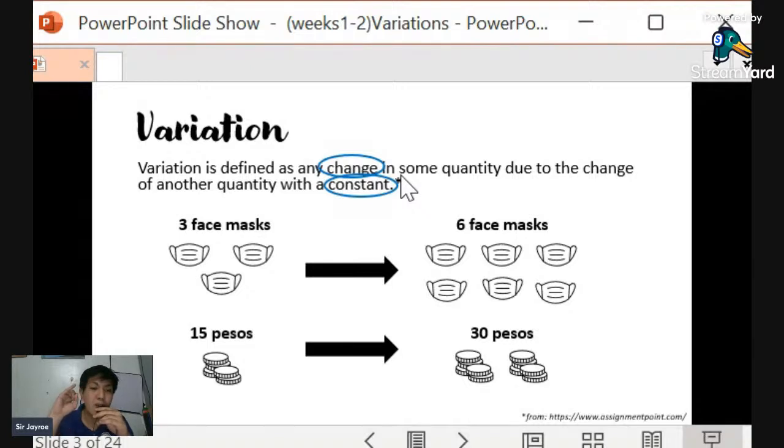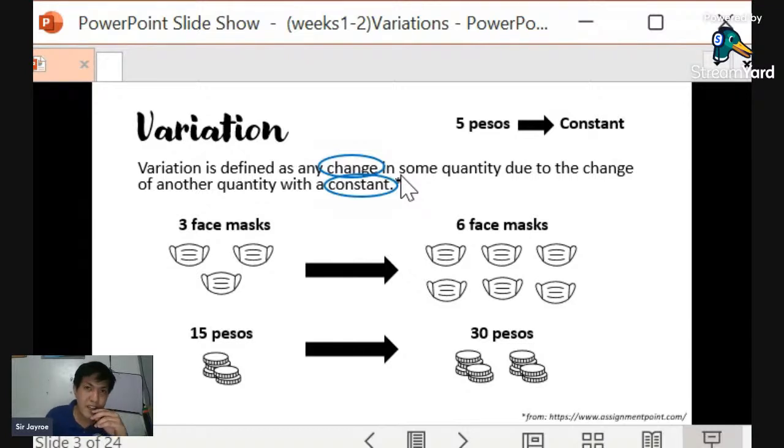Nagbago syempre yung total price. Pero ang hindi nagbago dyan ay yung presyo mismo ng face mask, which is 5 pesos. Okay? Ngayon, yung 5 pesos na yan na hindi nagbago, that is what we call constant. Okay? So yan po ang variation.